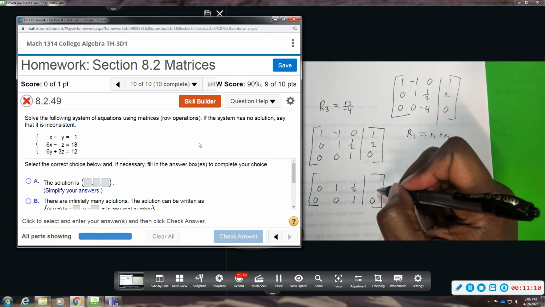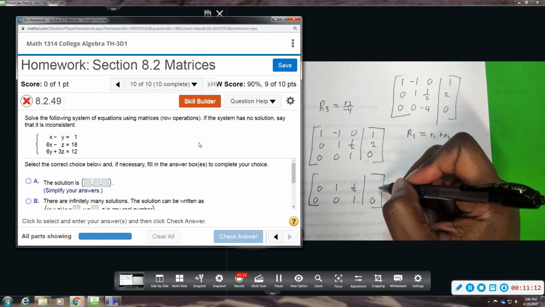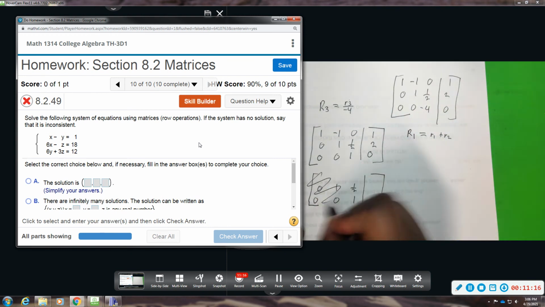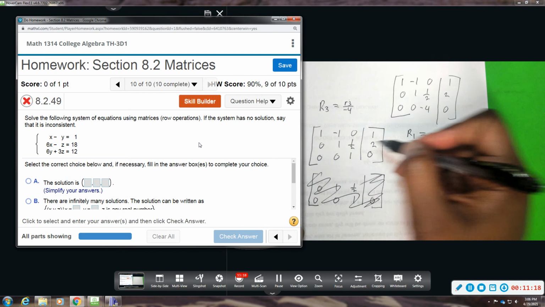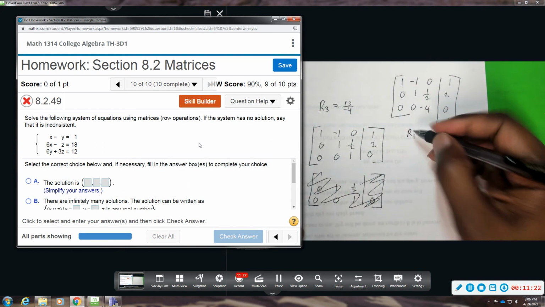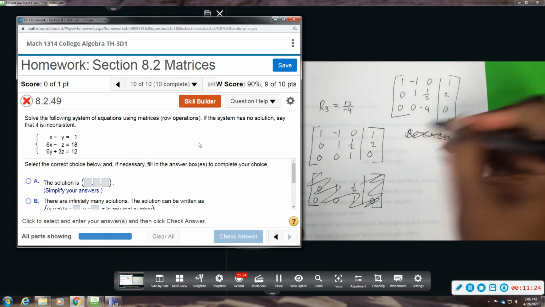1/2. You know what? Maybe I could get rid of that first. Yeah, let's do that. I'm sorry, because that way I won't have to manipulate that anymore. So I'm going to use this guy to get rid of this 1/2. So let's not do this operation. That'll save me a little bit of work.